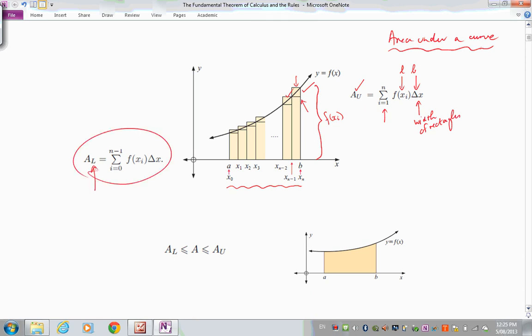Let's come over here, and what have we got? We've got a lower area. That's the area of all the rectangles that just touch the curve but are underneath. They're still using the y value on the left there to create a smaller rectangle, smaller than the actual area under the curve. So let's sum them again from i equals 0 to n take 1. Can you see that these will stop short of n because you can't go another one?